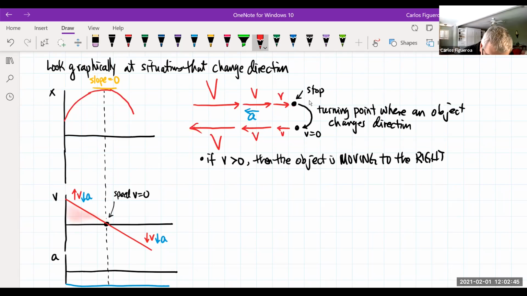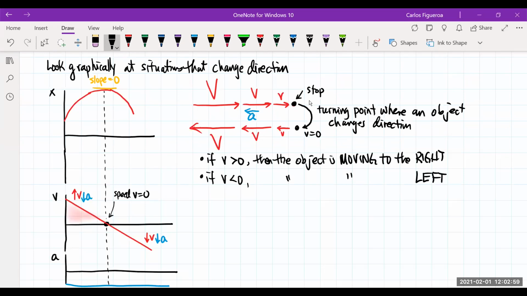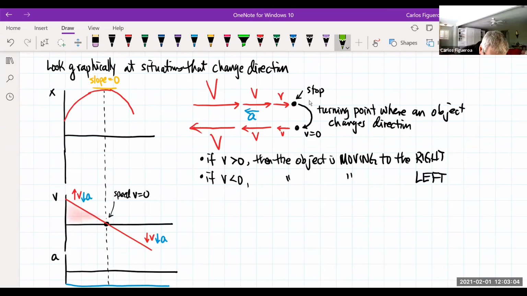How do I know that the object is moving to the left? If v is less than 0, then the object must be moving left. So look at this. If you're in this region over here, this region tells you you're moving to the right.